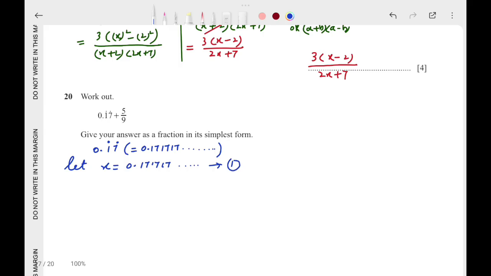Now as two digits are appearing again and again, so multiply 100 on both sides.